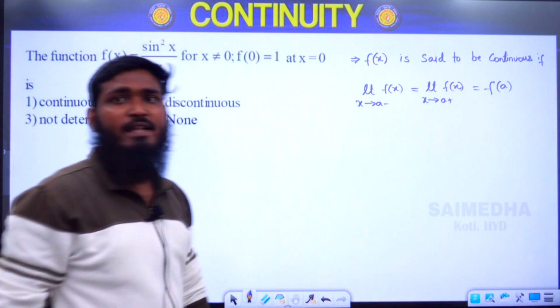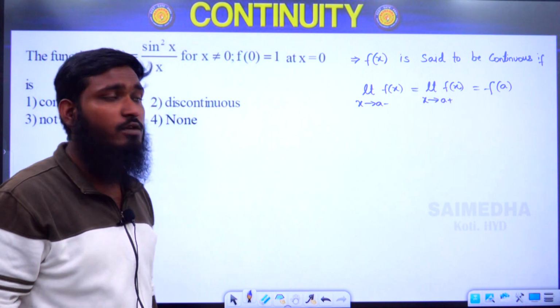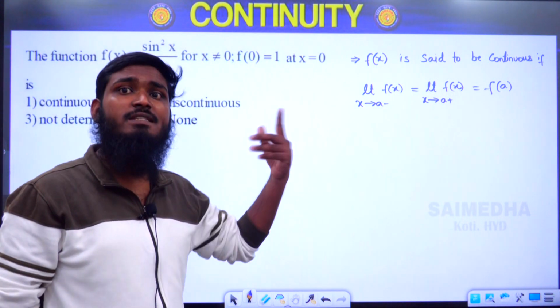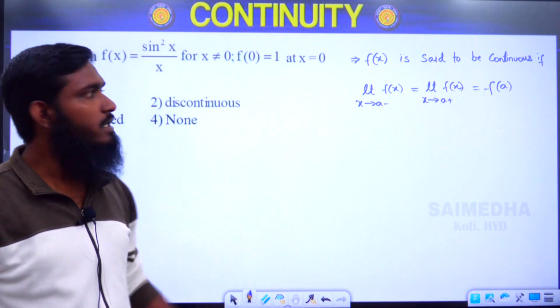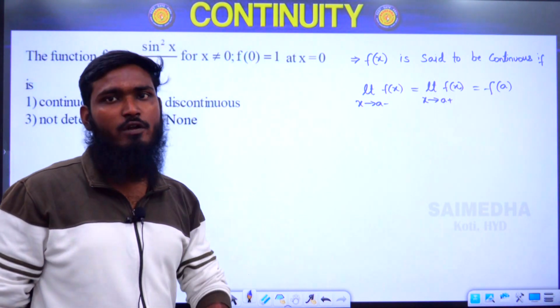This is the condition for a continuous function.